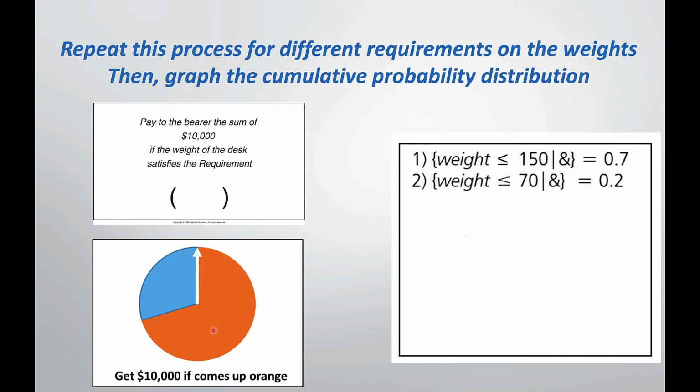And what you find out is when the orange pie is 20% of the wheel, you would be indifferent between the upper deal, where the requirement is now weight less than or equal to 70 pounds, versus the lower deal, where 20% of the wheel has the orange color. Then that tells you that your subjective belief about the weight being less than or equal to 70 pounds is 0.2.